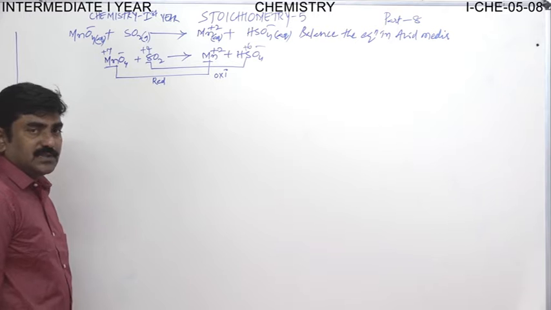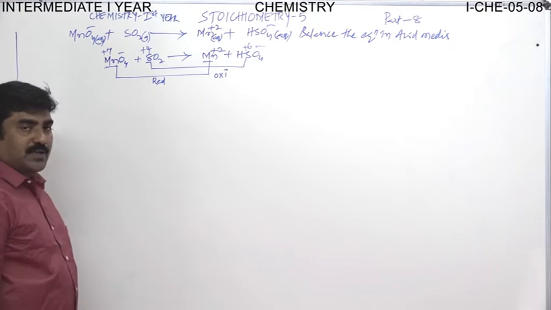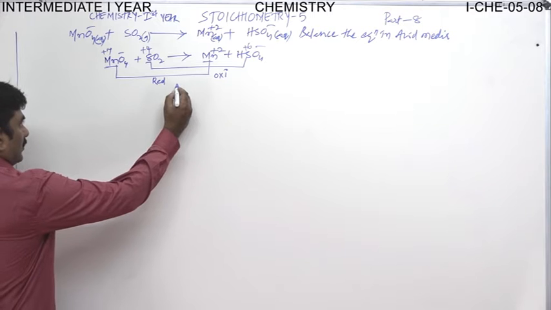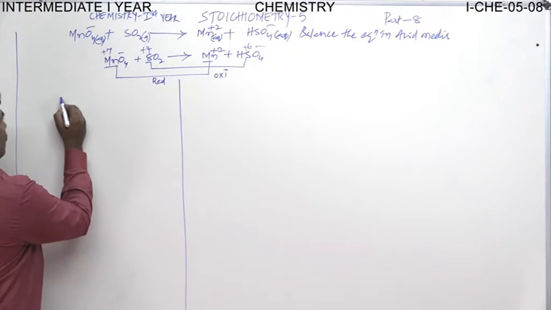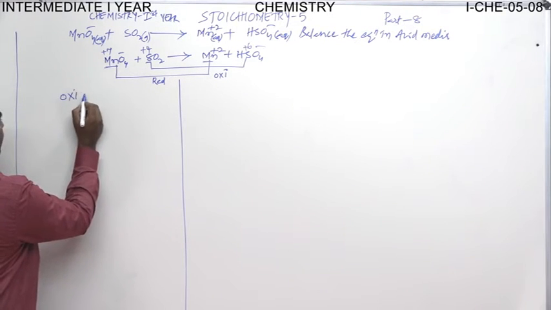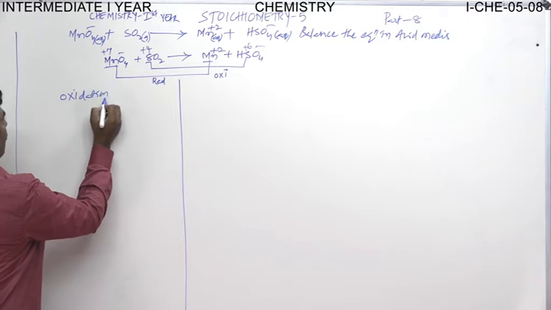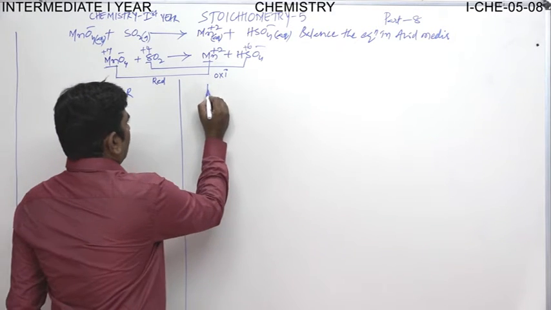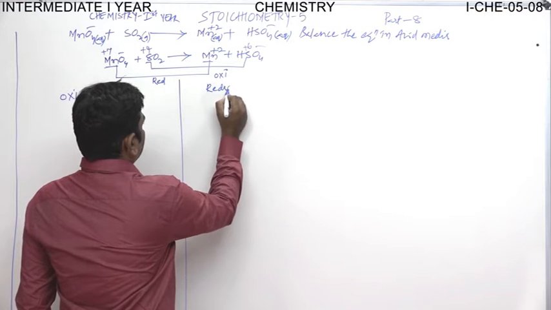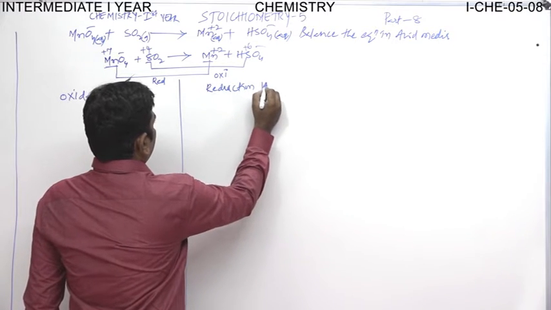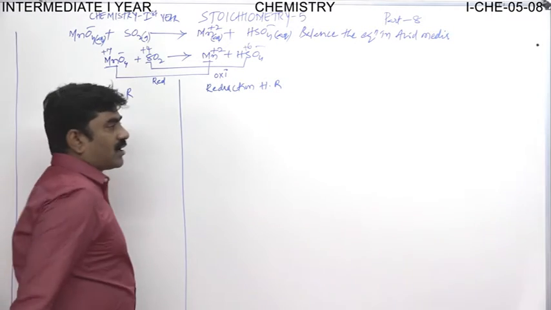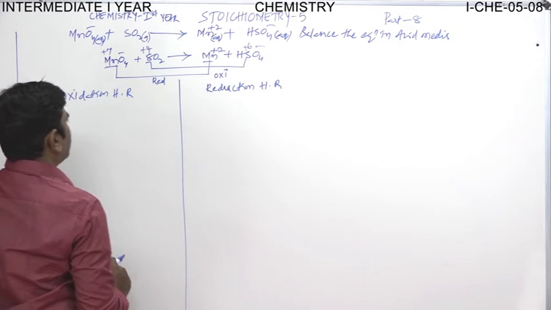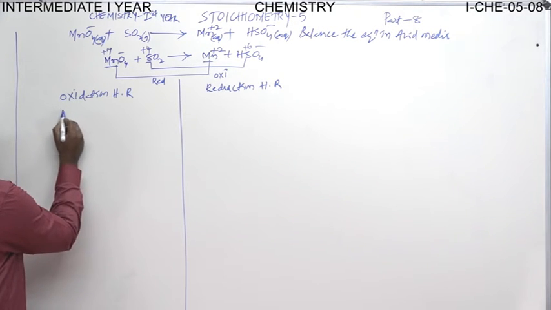What is the next step? We have to divide the page into two equal halves, one side oxidation and another side reduction. Oxidation half reaction. ఆక్సీకరణ అర్ధచర్య. ఇటువైపు reduction half reaction. క్షయకరణ అర్ధచర్య. ఆక్సీకరణ అర్ధచర్యలో ఏముంది?